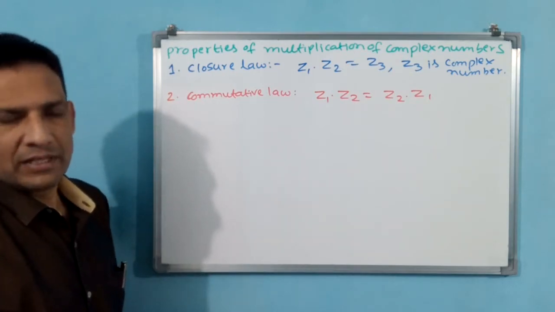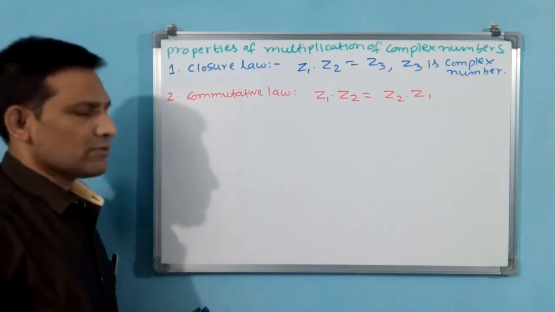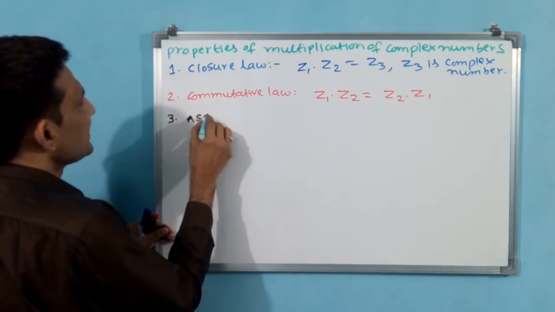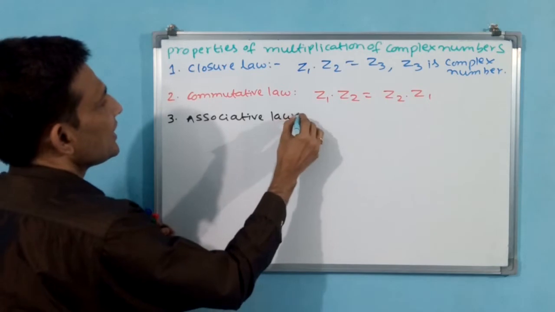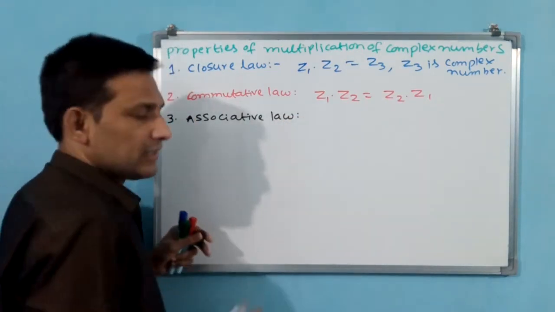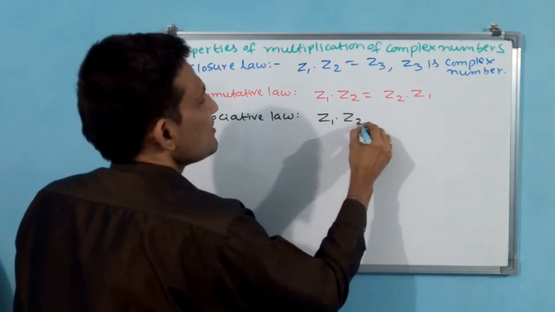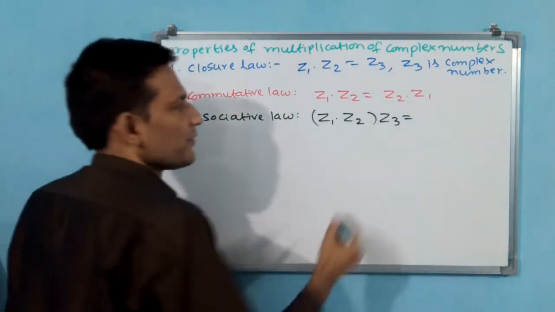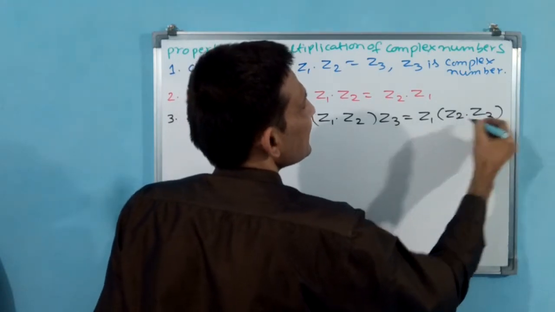Third property is the associative property. Write down associative law. For associative law, you require a third one also. Say (Z1 into Z2) into Z3 is equal to Z1 into (Z2 into Z3).